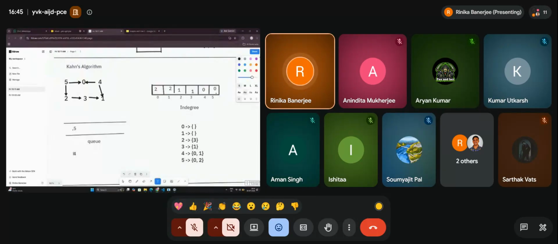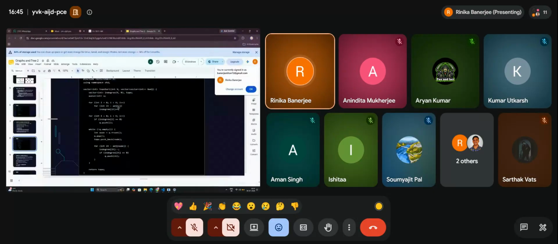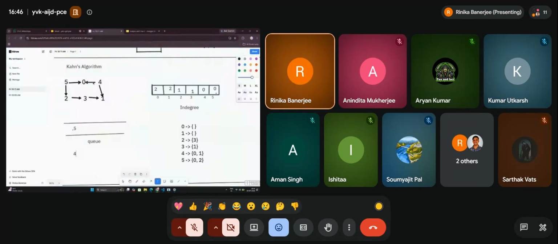What do I mean by processing? See what we are doing here: when I'm calling the topo sort, for all the nodes in its adjacency list, I'm reducing the in degree of the nodes by 1, right? So I'll do the same here. From 4, 4 is contributing to the in degree of 0 and the in degree of 1. So I'll reduce the in degree of 0 and 1 by 1.